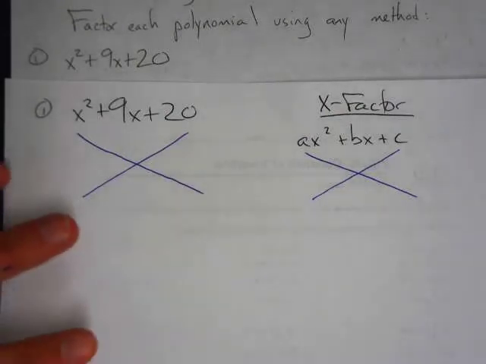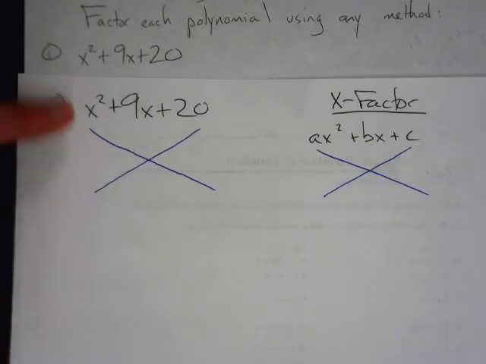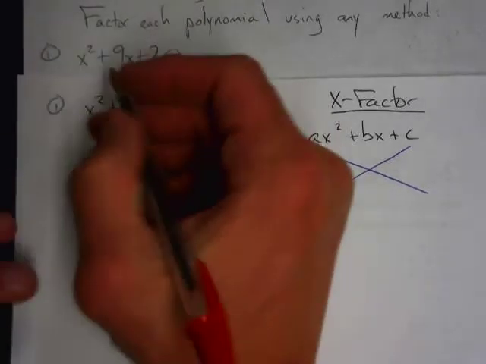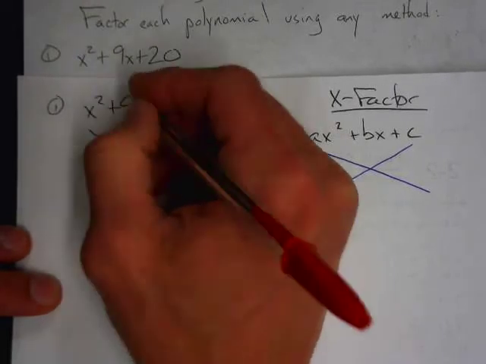So the first thing we're going to do is figure out what two numbers multiply to give us x squared. The two numbers that multiply to give us x squared are x times x.